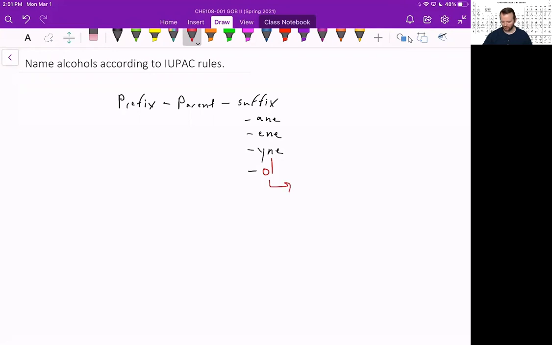And the priority is to number the parent carbon chain to minimize the hydroxyl group, that OH group, in the parent carbon chain.